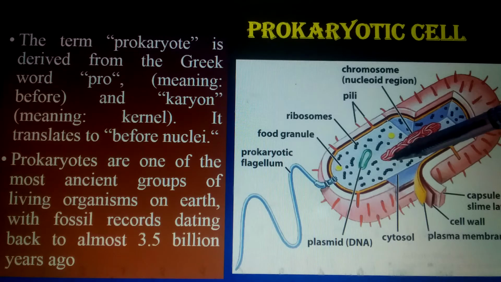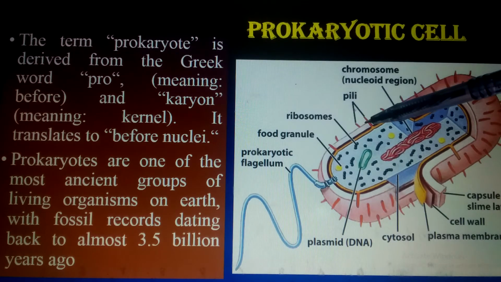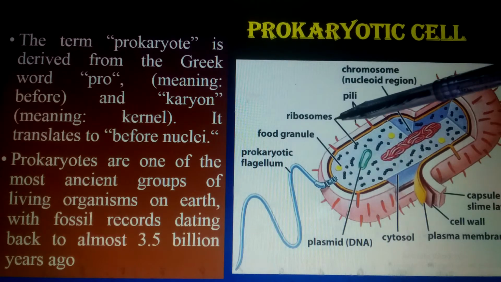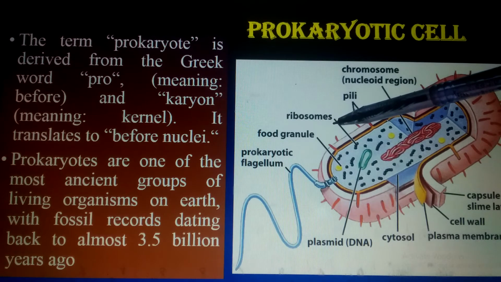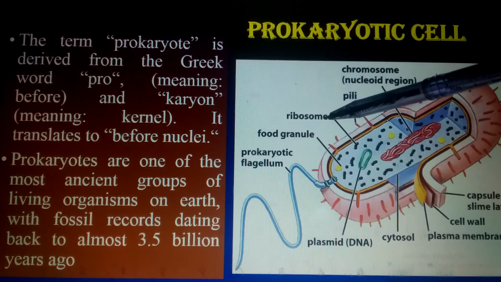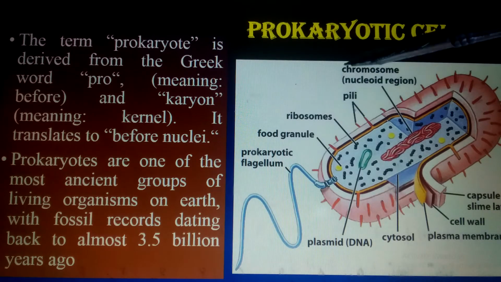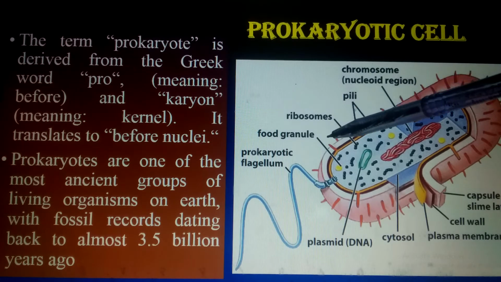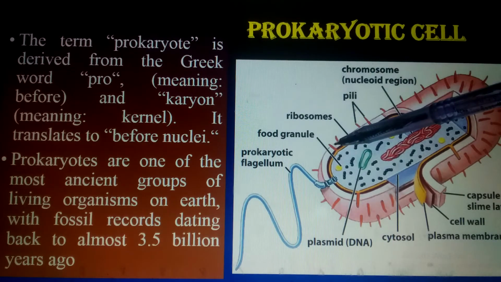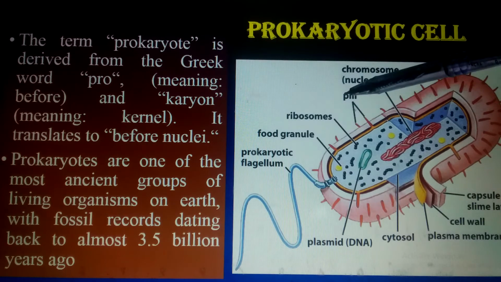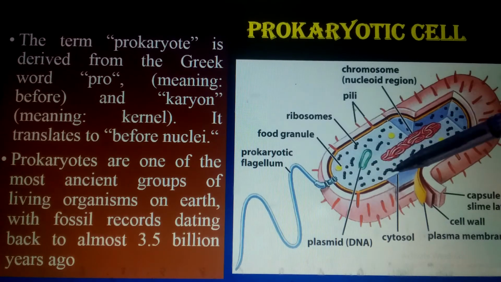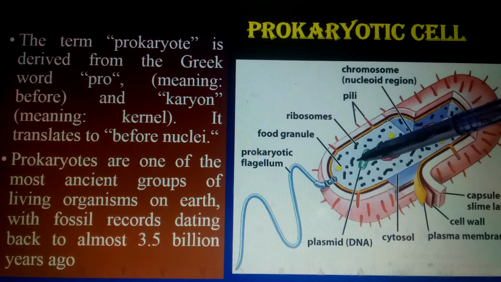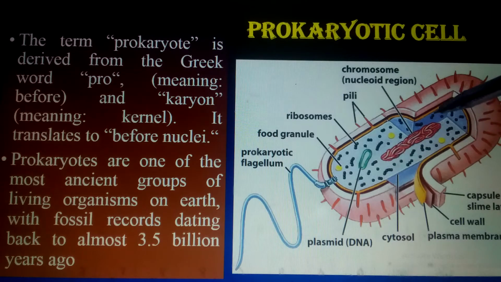Just the simplest, small organelle, the ribosome, is present. These ribosomes are smaller than eukaryotic ribosomes: in eukaryotes they are 80S, but in the prokaryotic cell they are 70S ribosomes, which help in protein synthesis. Is the concept of the nucleoid region clear?